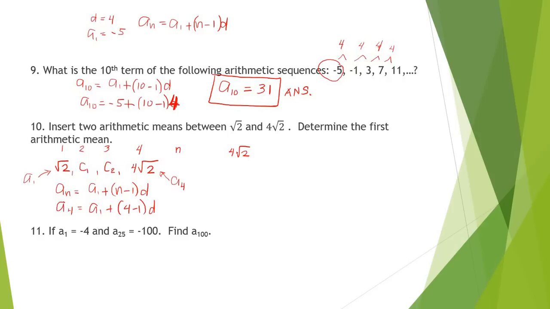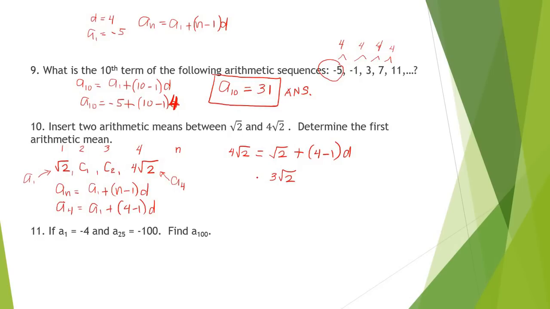So our fourth term, 4 square root of 2, is equal to our a1, square root of 2, plus 4 minus 1 times d. Our only unknown is d. So this simplifies to 4 square root of 2 minus square root of 2, which is equal to 3 square root of 2.